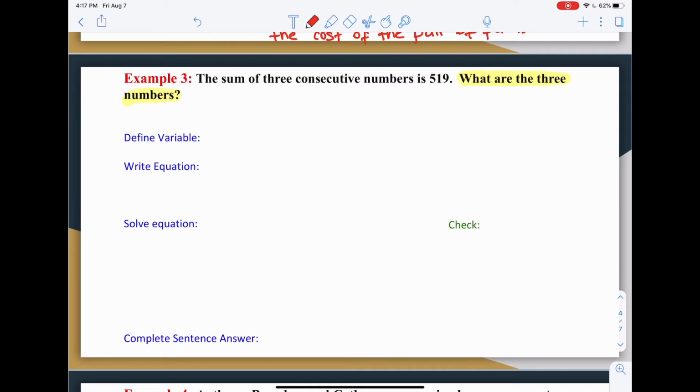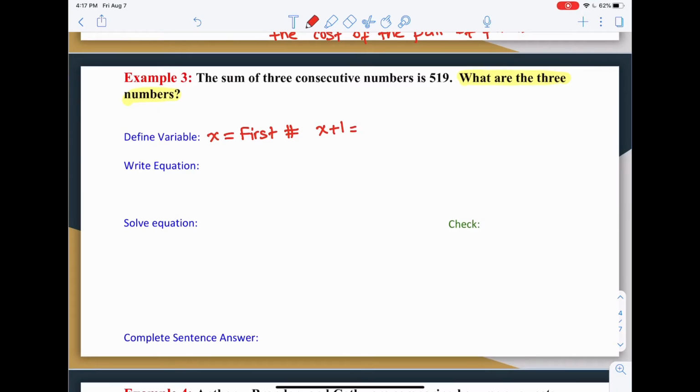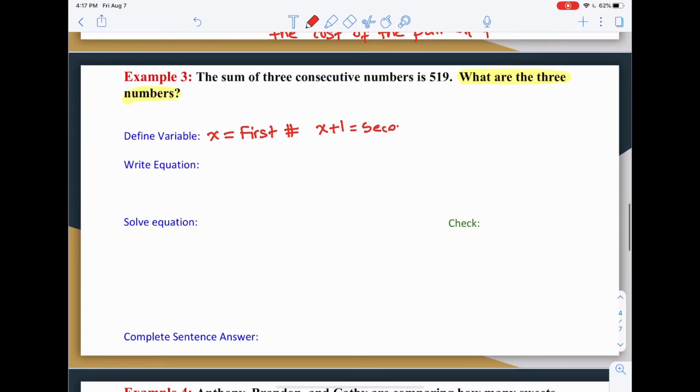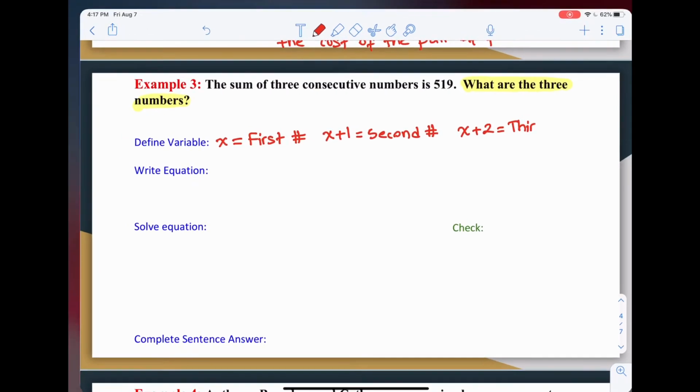In this case, I would like to call my first number x, and my second number, since it will come right after x, is going to be x plus 1. And x plus 2 will be the third number.